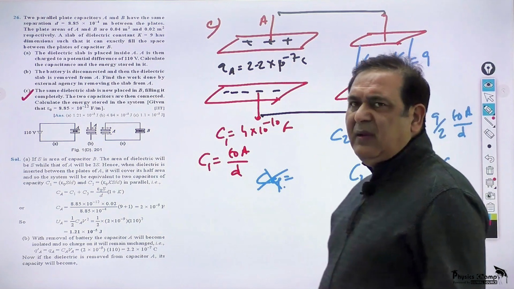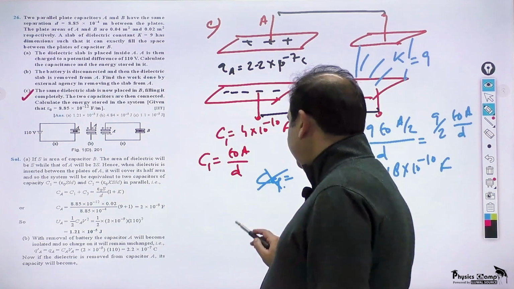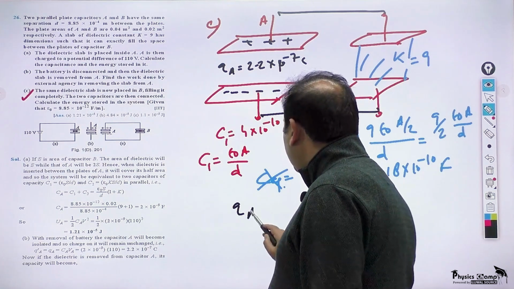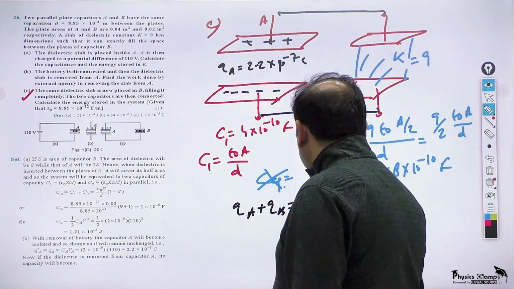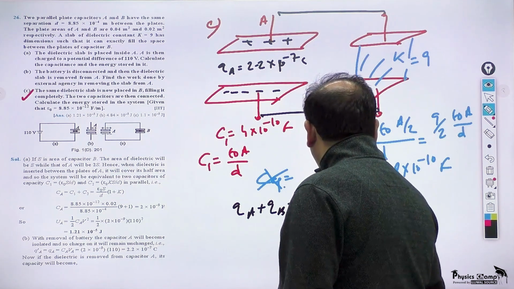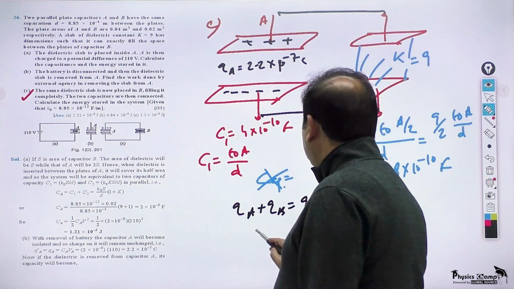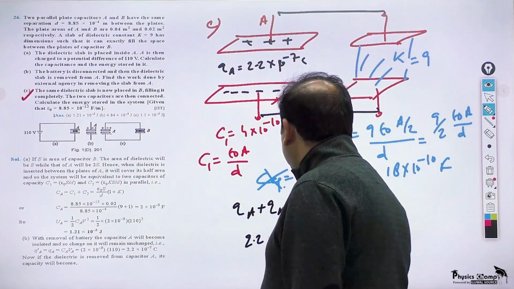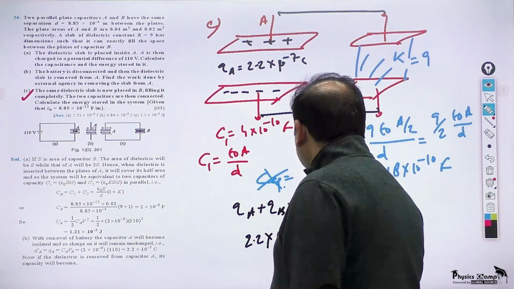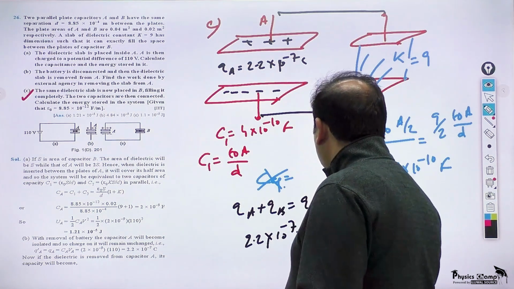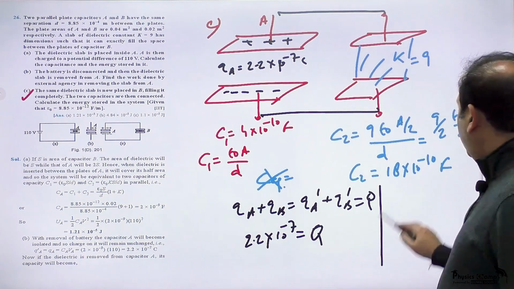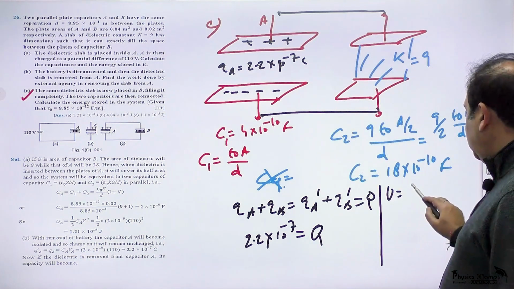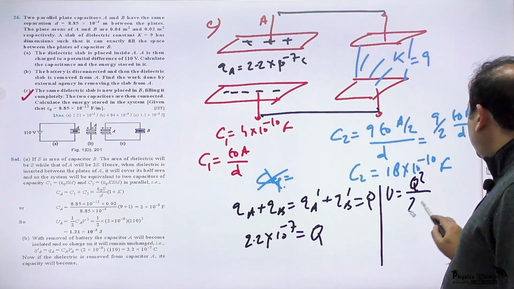We can say, after connecting, QA plus QB is equal to QA dash plus QB dash, total charge. So QA is 2.2 into 10 to the power minus 7 coulomb. It is that only which will be distributed as the total charge. So if you are looking for the final energy, you can say Q square by 2C equivalent.